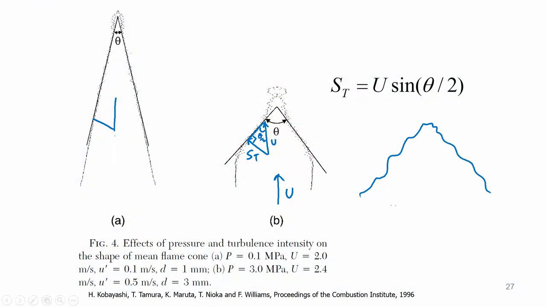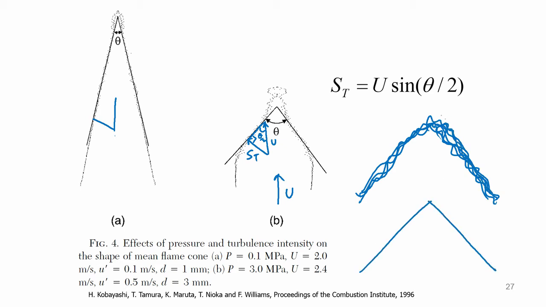Once again, the idea is that you have flame surfaces like this, the different flame surfaces that you extract from the different videos, and then you generate a mean flame surface by averaging over all of them.